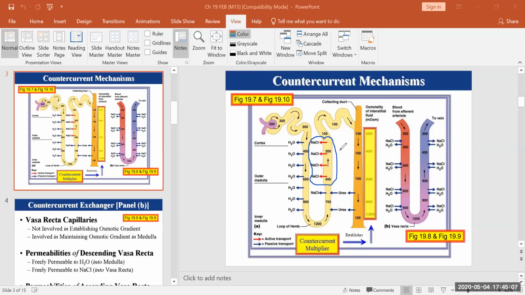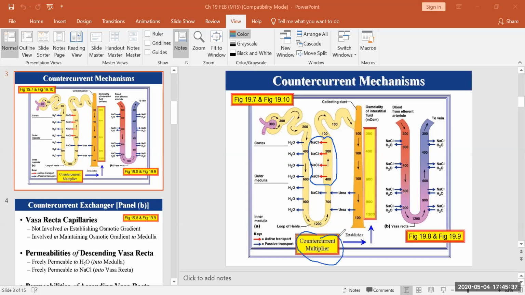So throughout the renal medulla, that osmotic gradient is possible because of the ascending limb of the loop of Henle, using active transport to actively pump out salt, concentrating that renal filtrate as it goes toward the DCT. And that step, we call it countercurrent multiplier.